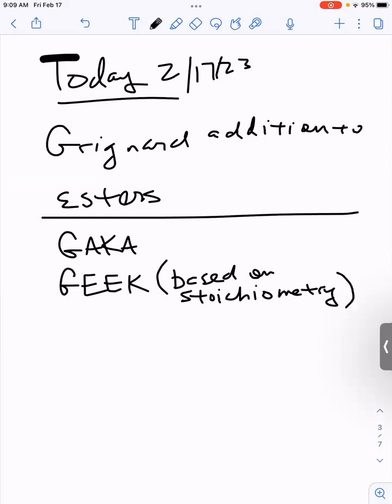Right, so when you add a Grignard to an ester, and again, functional groups, working knowledge.